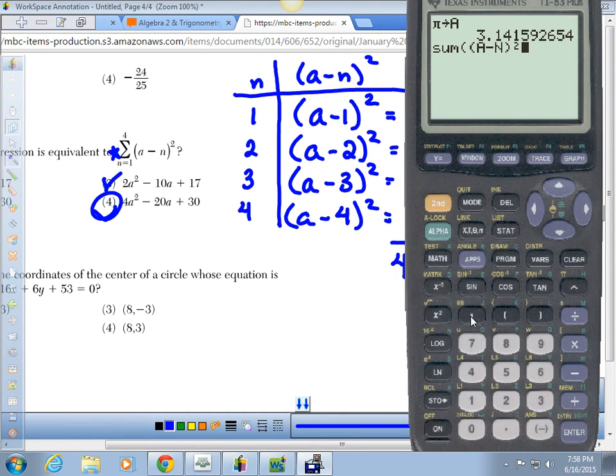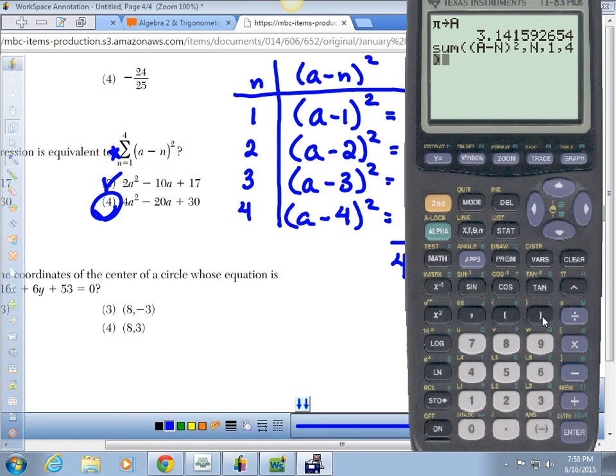Now, what is the variable that's getting changed, the a or the n? The n is the variable that's getting changed, so we want to take this with respect to n. What's the first number we're going to replace n with? 1, and what's the last number we're going to replace n with? 4.